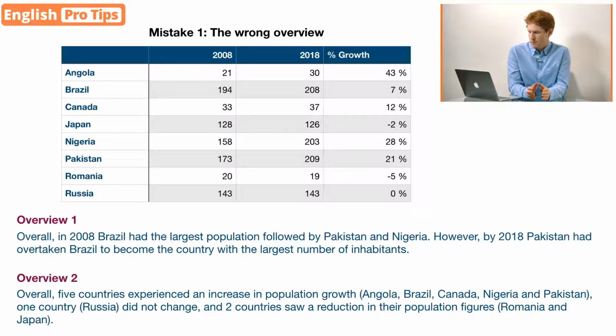Okay. We could also, in fact, improve the overview by mentioning that the highest growth was in Angola and the country that shrunk the most in terms of population was Romania. So this overview could be improved. But in general, overview 2 is a good overview, and overview 1 focuses too much on specific countries.